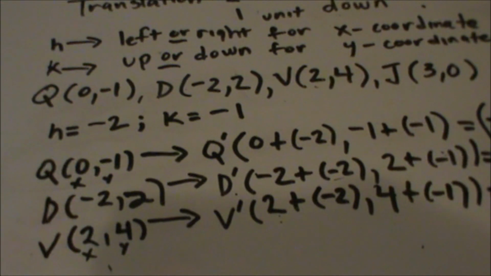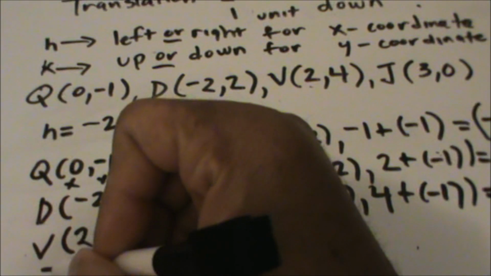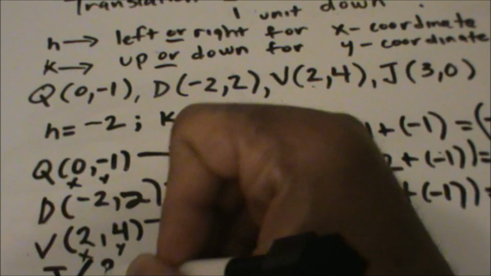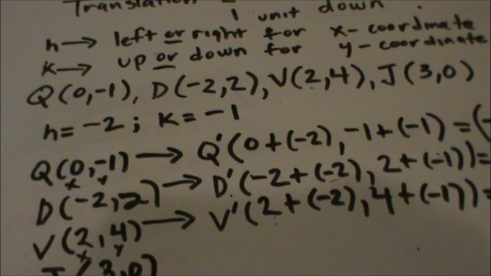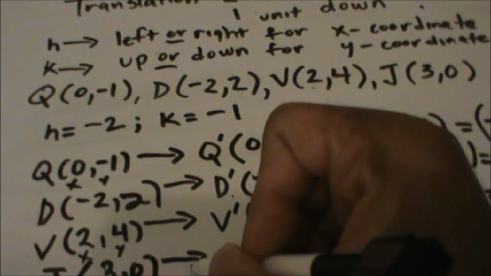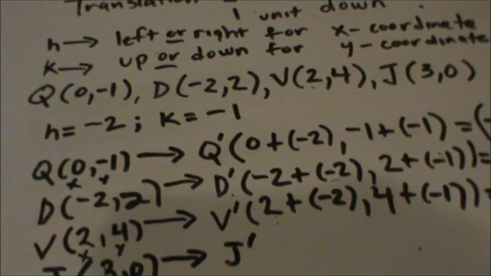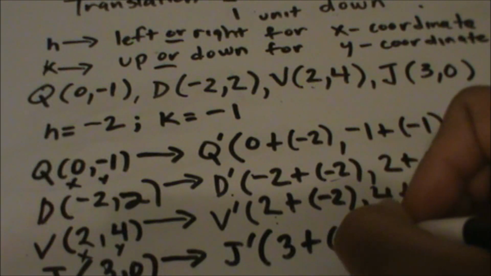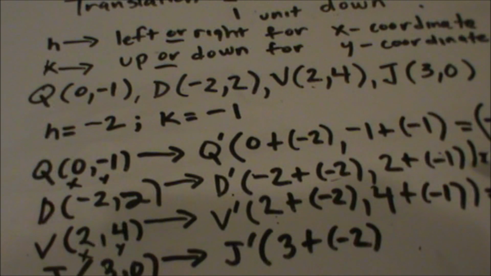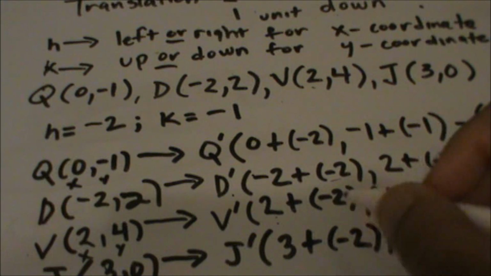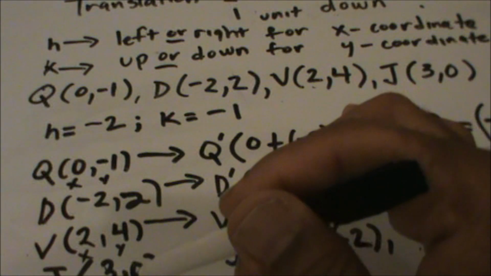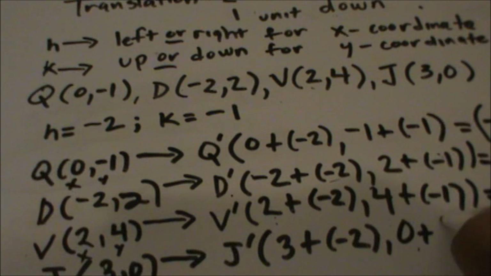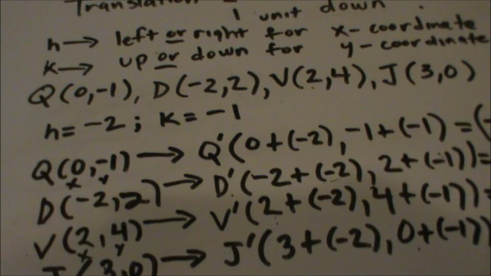And here's the last point, which is J. J is (3, 0) as the pre-image, and when you transform it, it becomes J prime. So we have 3 plus -2, comma, and your Y value, which is 0 plus -1.